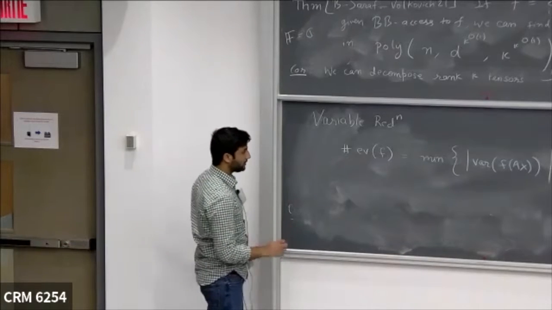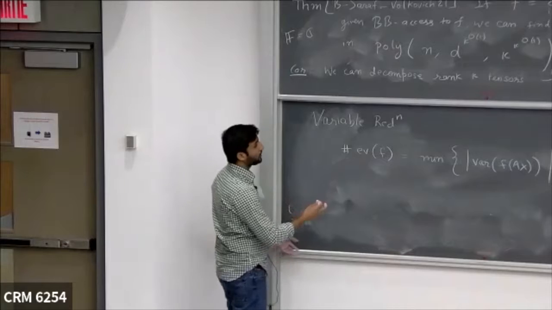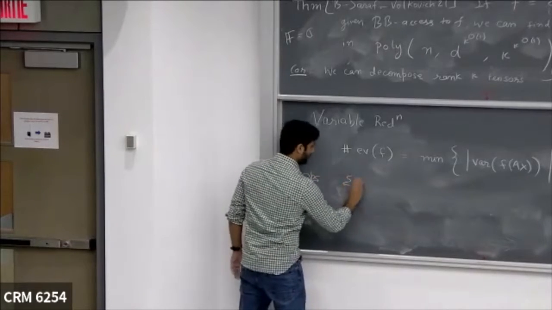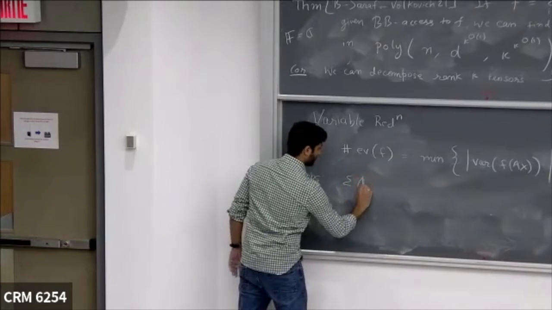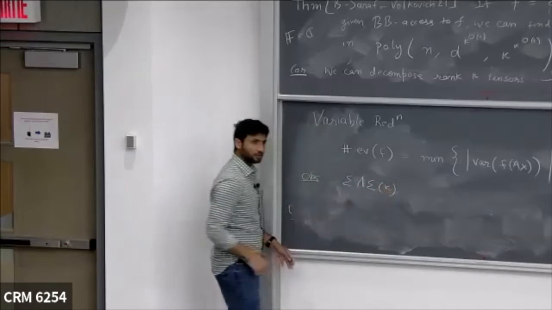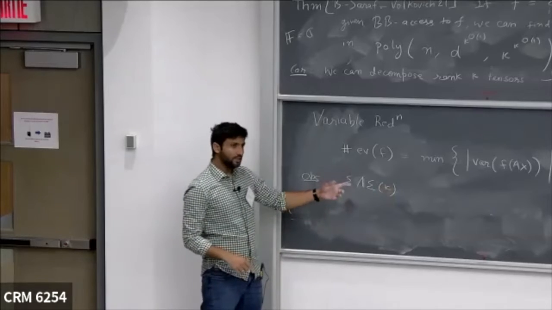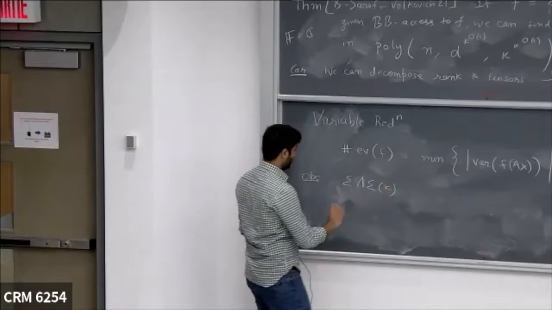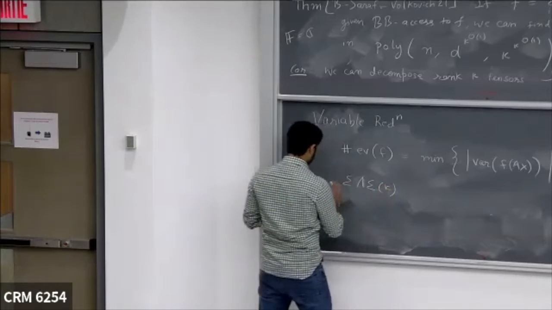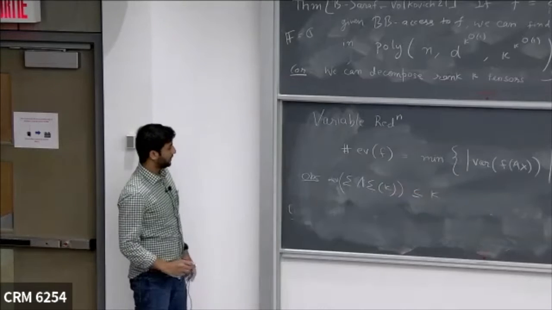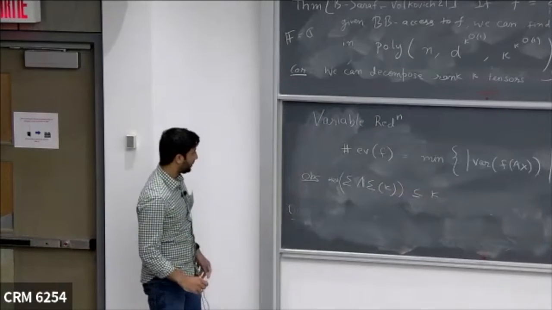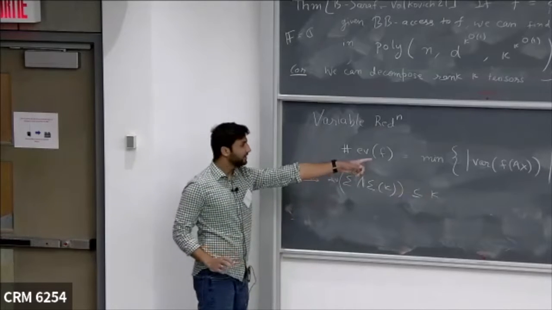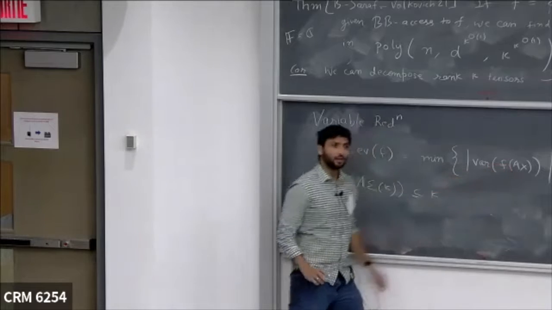Some observations for this model. What is the number of essential variables of this? You can just count each linear form as a different variable, so the number of essential variables of this model is less than or equal to k. And there is a result by Carlini which says that you can actually find the invertible linear transformation A in polynomial time.